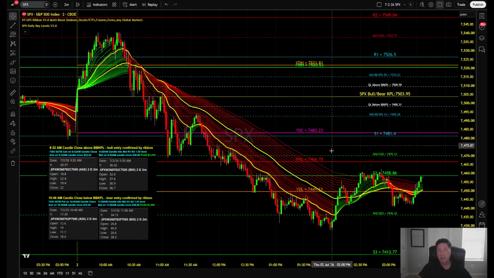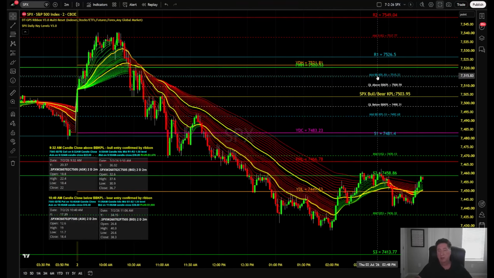The reason why the contextual levels are used instead of, say, midpoint levels is because of the magnet effect of the contextual levels. Price is typically seeking out in any given session these contextual levels: the pre-market high, the pre-market low, YDC, YDL, or YDH, depending on the volatility of the session.